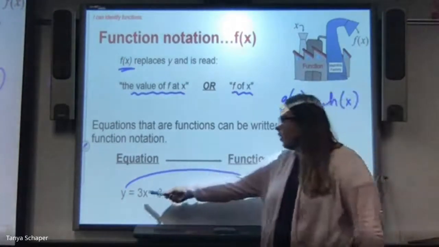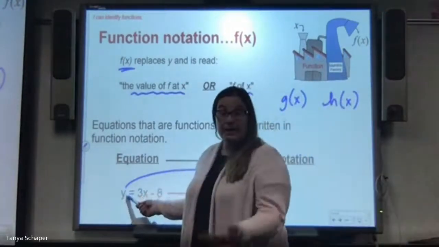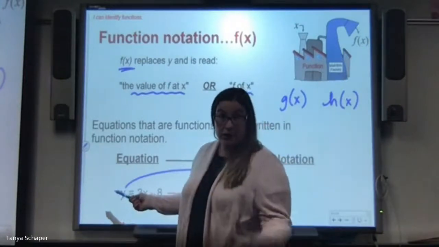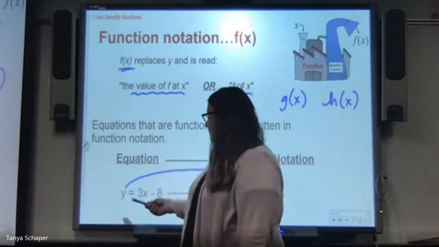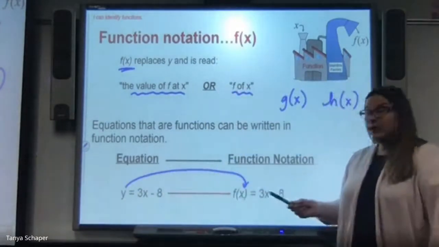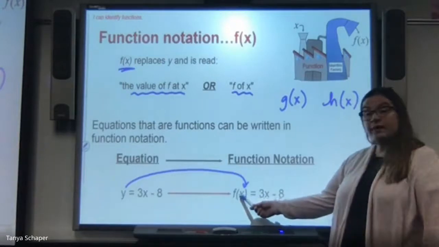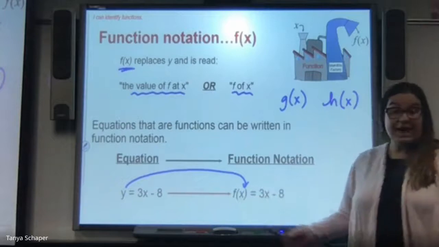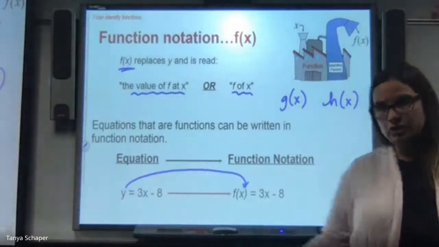So instead of y, which is our dependent variable, which is our output, which is our range, keep you back to what we talked about a couple days ago, we're changing it now to f of x. And we can replace this with a value. So what is the function when x is 2? What is the function when x is 8? We can make those changes.